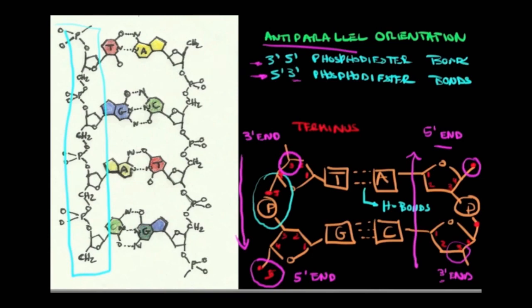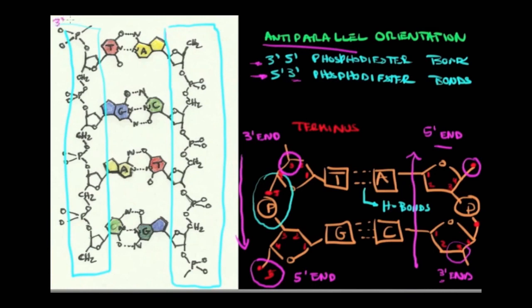Okay, and if you look at the molecule here, this is that ladder with more detail. So you have two sides here. I'm going to use this color. So this is the other side of the ladder. Okay, and the same thing is happening.